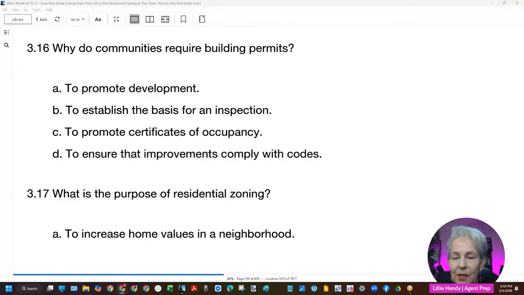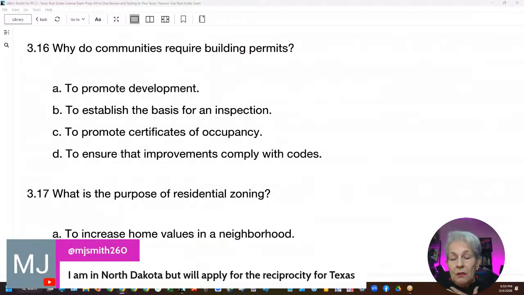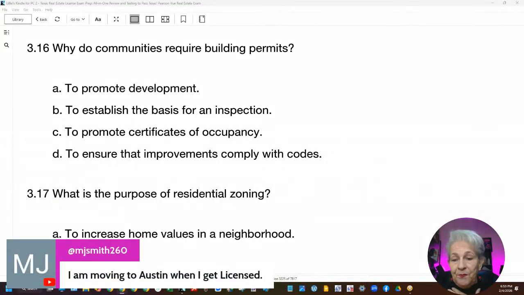Oh my gosh, it's got to be really cold, but we'll apply for the reciprocity for Texas. Ooh, Texas doesn't do reciprocity with any state. So you're going to have to get a Texas license because you're moving. So MJ Smith is in North Dakota, and he's moving to Austin, Texas when I get licensed.